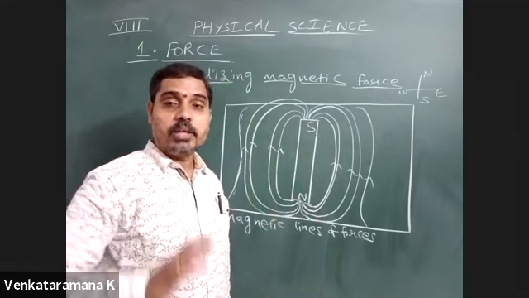So, in types of forces we have contact force and non-contact force. We are discussing non-contact force. In non-contact forces also we have a few kinds of forces. Number one, magnetic force. We completed that. Magnetic force will come under non-contact force or force at a distance.